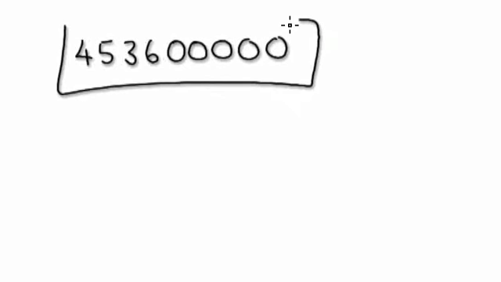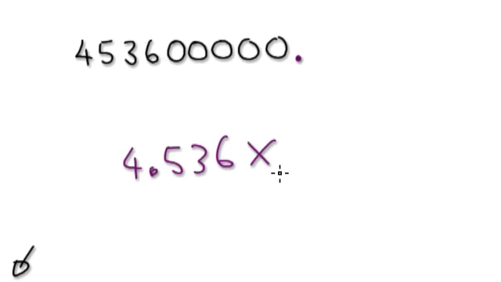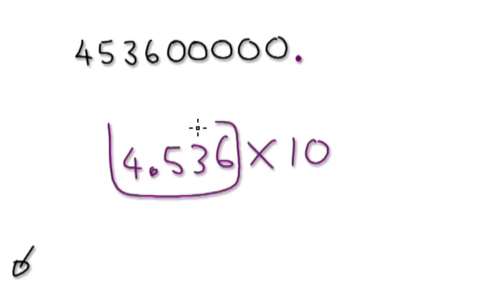Now it's your turn. Convert this number to standard form. So press pause and have a go. Okay, so at the moment, the decimal is here. I've got to move the decimal over here, because we've got to express it as 4.536 times 10 to the power of something.